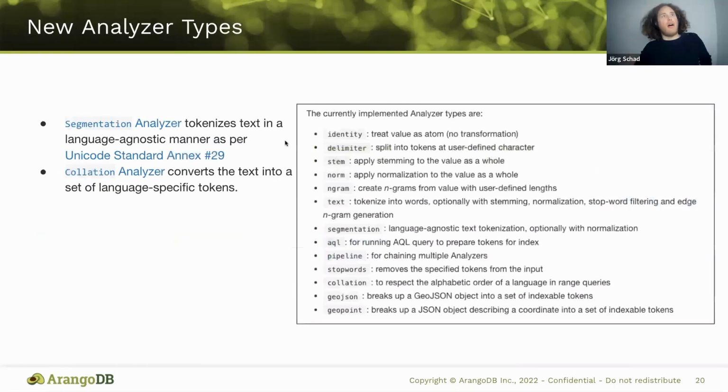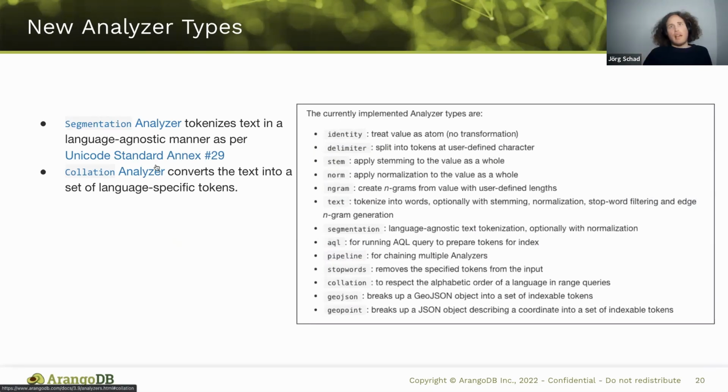So let's see what we can do now. I think this is especially interesting for people who work with different languages, so mixed language documents. The segmentation analyzer would be helpful, which allows you to tokenize text in a language-agnostic manner according to Unicode standards.